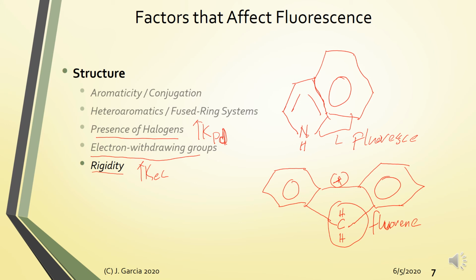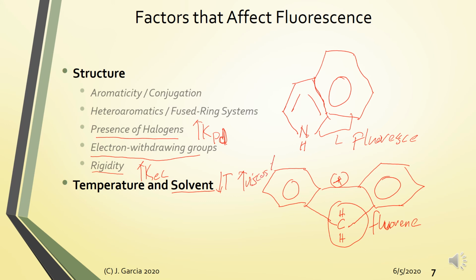Okay? So what else? Temperature and solvent. The lower the temperature, the higher the chances for fluorescence. And this is because, again, we are decreasing the kinetic energy of your molecule, thereby preventing it from releasing energy by bumping with other molecules in the sample solution. Solvent: the higher the viscosity of the solvent, the higher the fluorescence becomes.